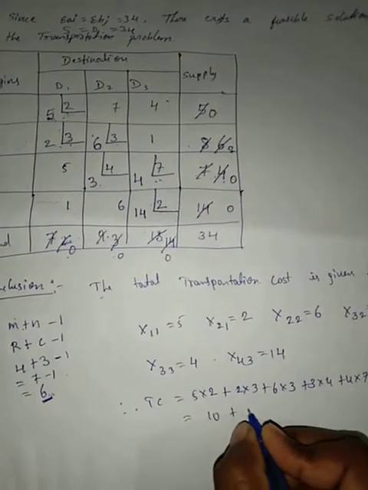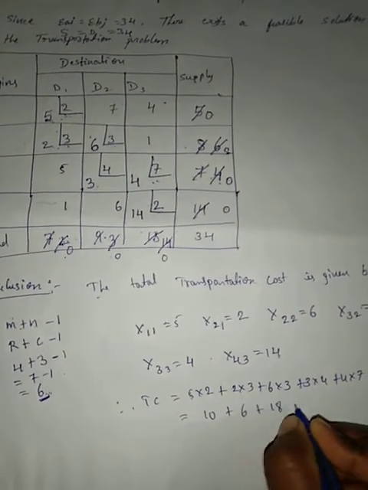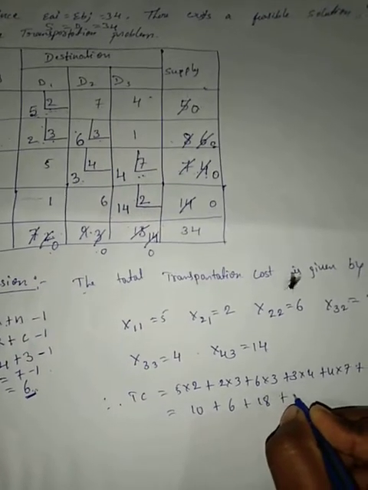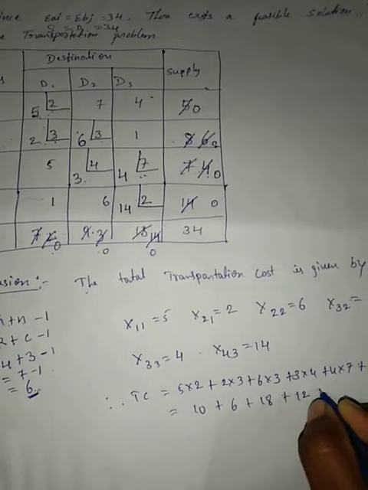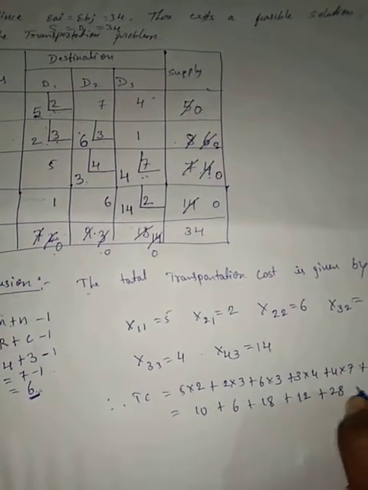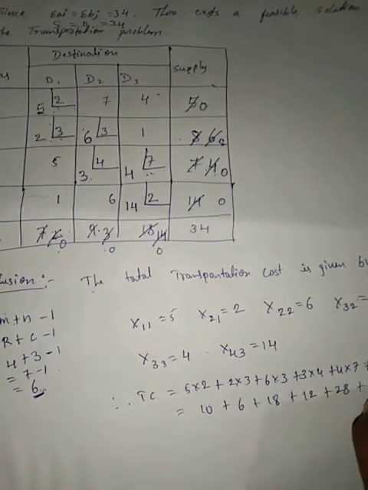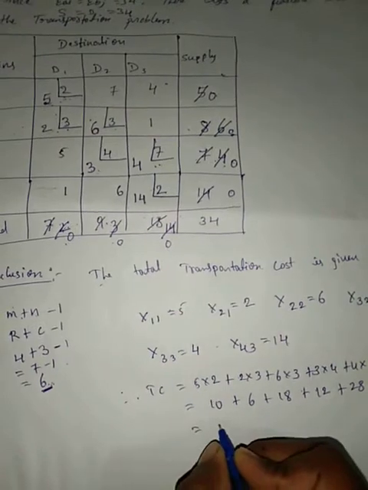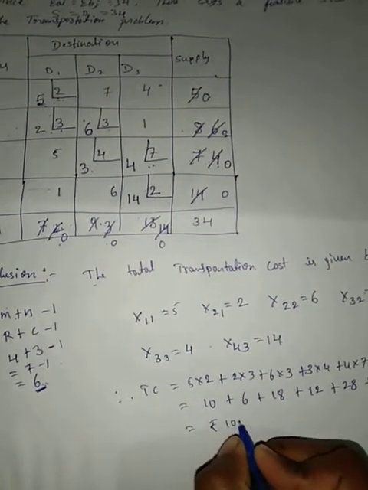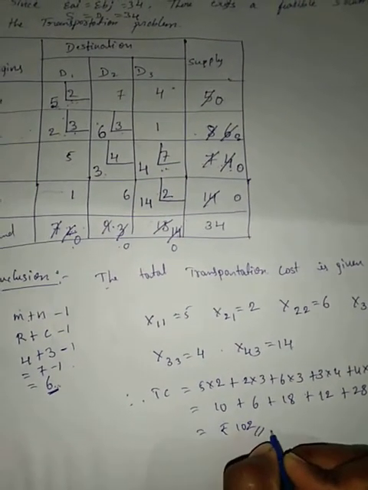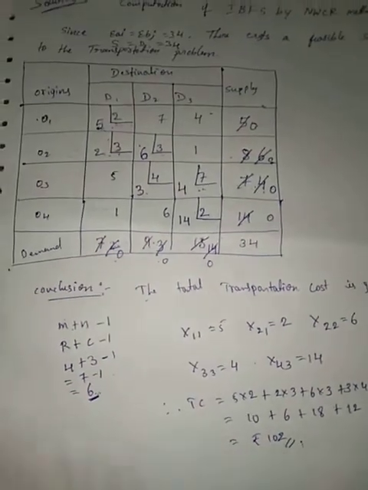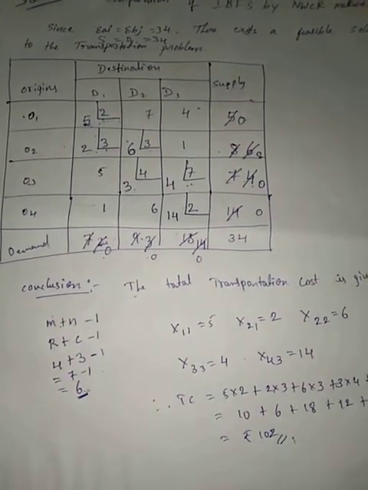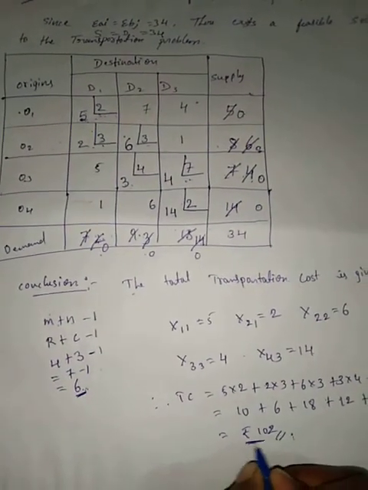That is 10 plus 6 plus 18 plus 12 plus 28 plus 28. So the total transportation cost is rupees 102. So this is the problem, and this is the solution for the given problem.